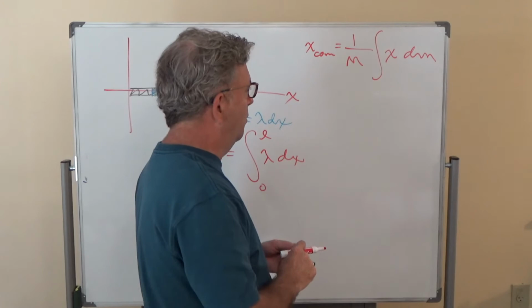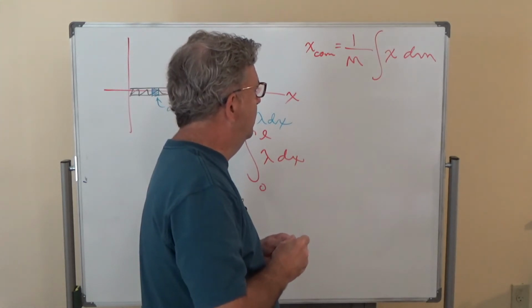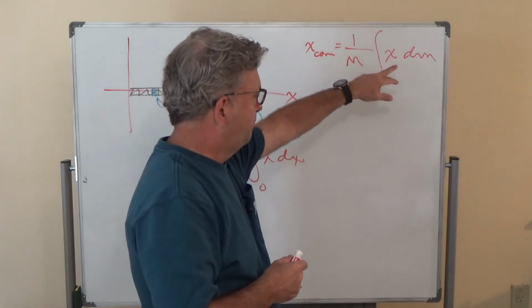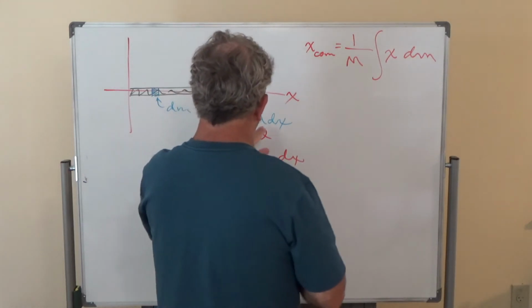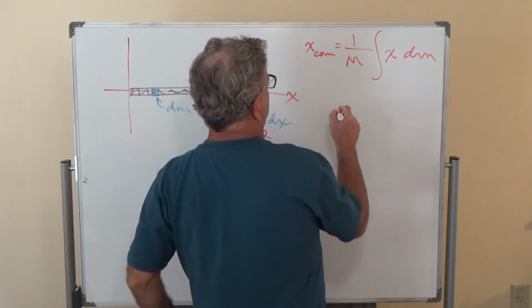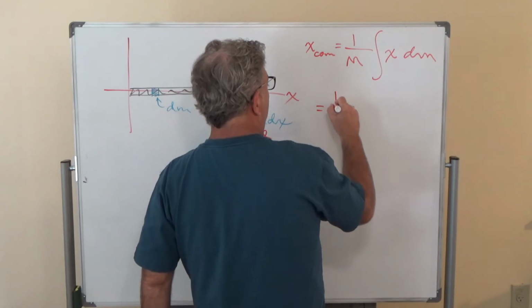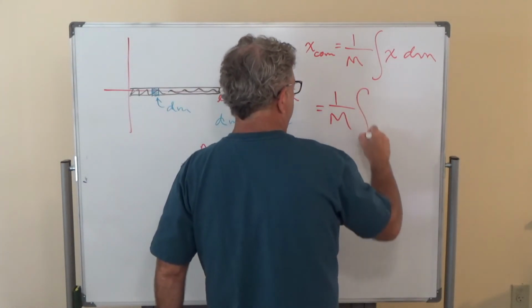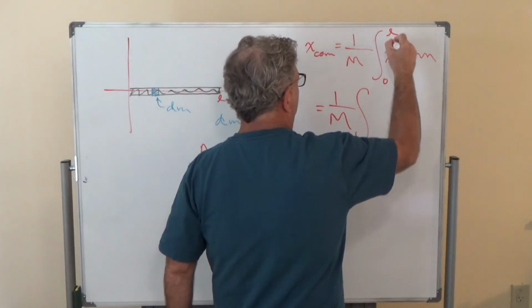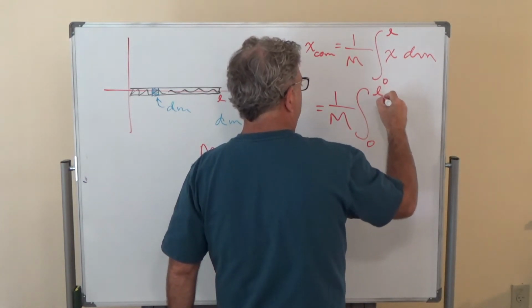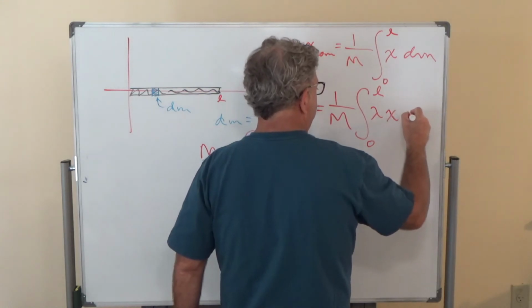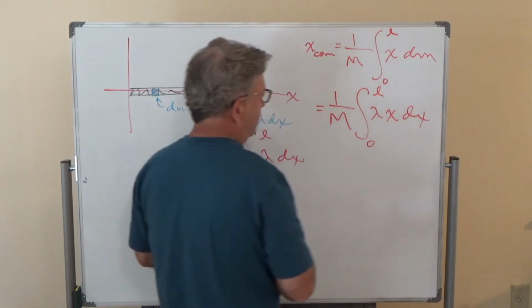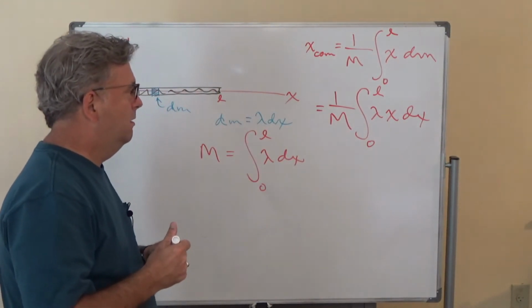So dm is equal to lambda dx. So this is equal to 1 over big M, which you just calculated, times the integral from 0 to L of lambda x dx. Okay?